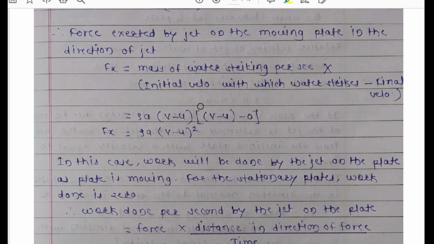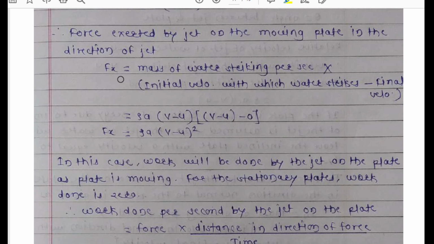Now secondly, force exerted by jet on a moving plate in the direction of jet will be Fx. Fx will be the rate of change of momentum, that means mass of water striking per second into velocity with which water is striking minus final velocity.